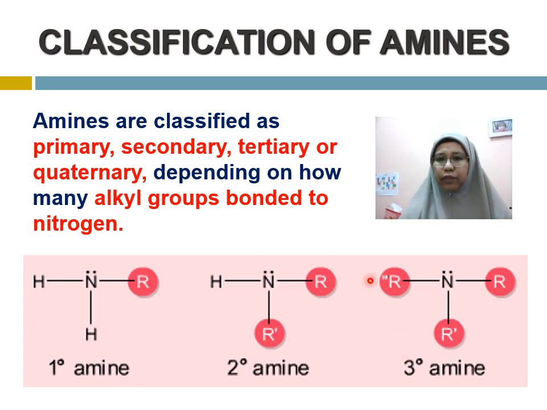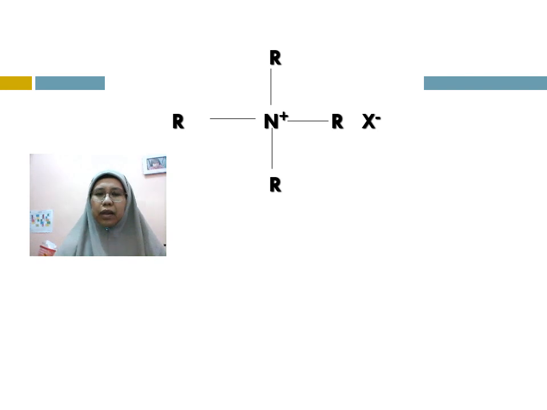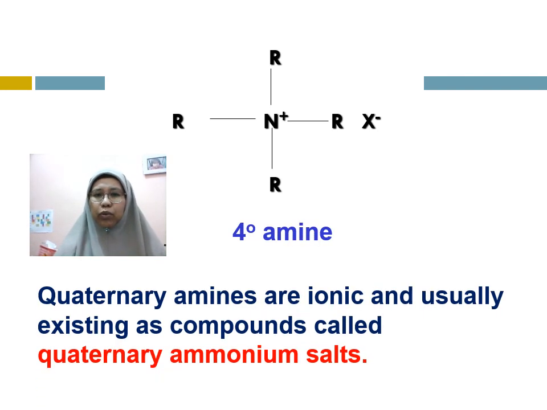Tertiary amine would have 3 Rs. This is a quaternary amine, which we also call an ammonium salt, because it has 1, 2, 3, 4 Rs, and it is bonded ionically with a type of metal salt.